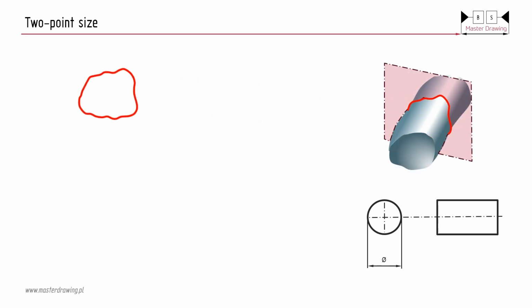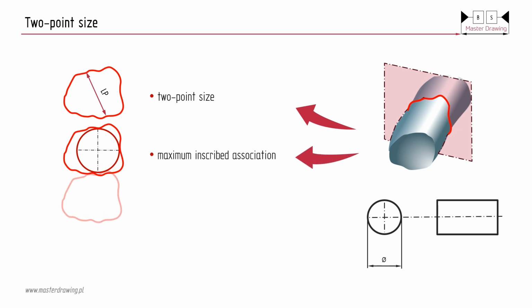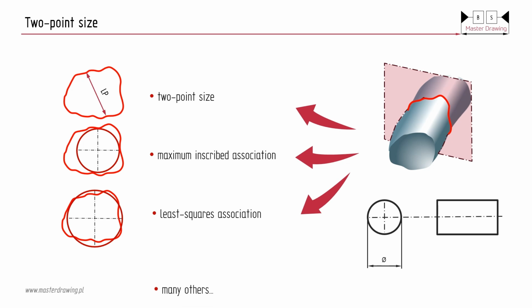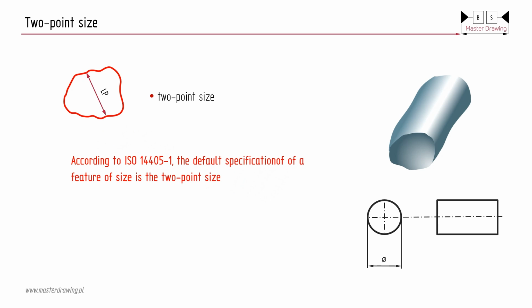In the case of a shaft, the diameter can be expressed, for example, as a 2-point size, a maximum inscribed size, a least square size, and many others. However, according to the ISO standard, the default method of interpreting size is the 2-point size, the distance between two opposite points.